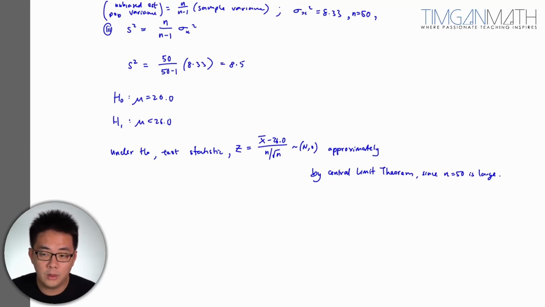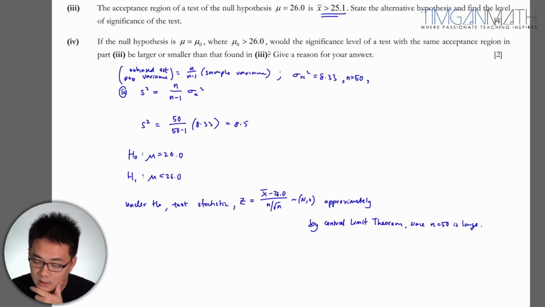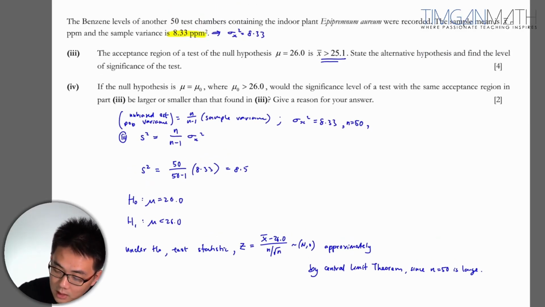So what we're going to do now is try to understand that the acceptance region of the test is x bar more than 25.1. State the alternative hypothesis and find the level of significance of the test. We already stated the alternative hypothesis, which is mu less than 26, right?